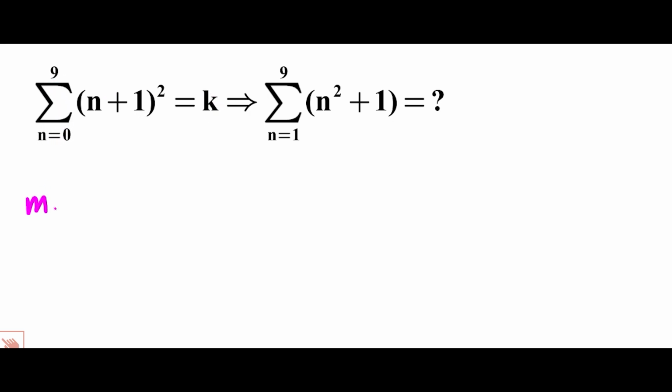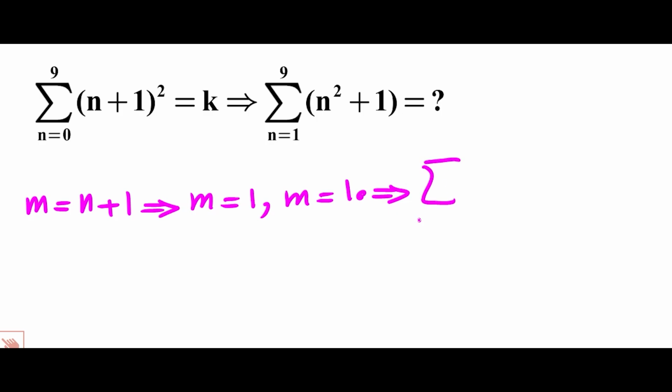So let m equals n plus 1. When n equals 0, m equals 0 plus 1, which is 1. And when n equals 9, m equals 9 plus 1, which is 10. So the sum becomes m equals 1 to 10, and since m equals n plus 1, n equals m minus 1.